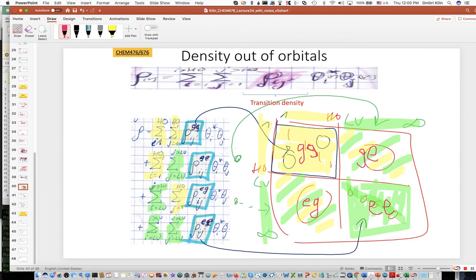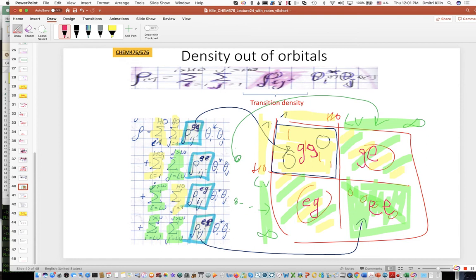But if you want to make a true theory for excited states, if you want to explore mechanics, how the transition from one state into another is happening, we do need to describe these GE and EG components of the density matrix.